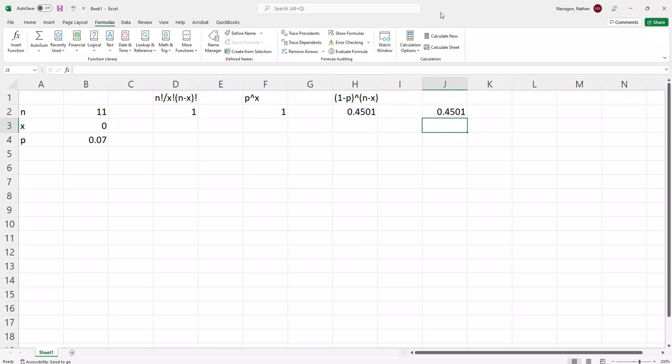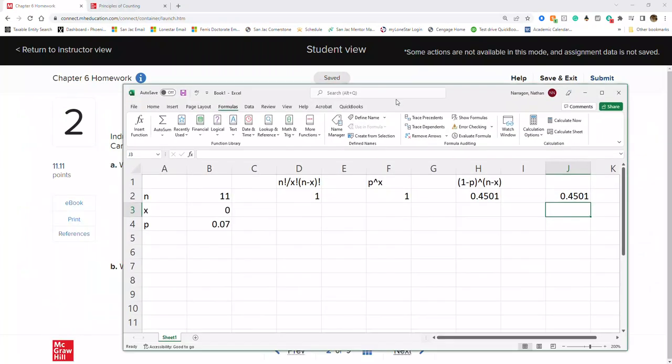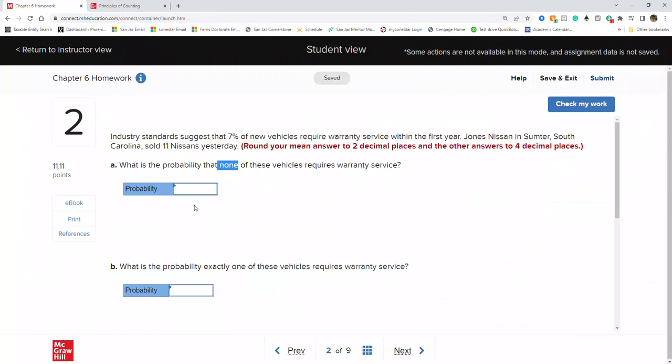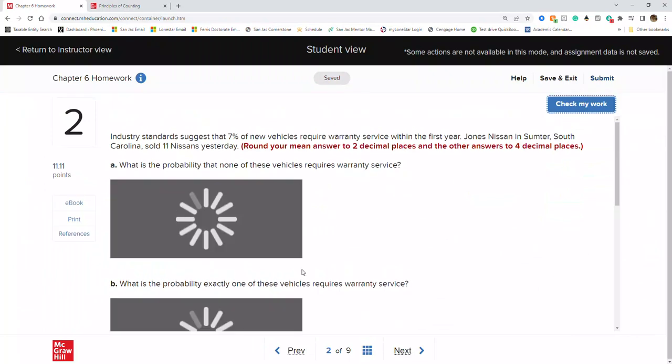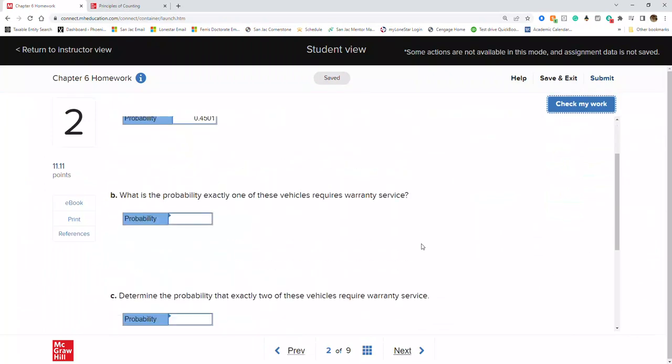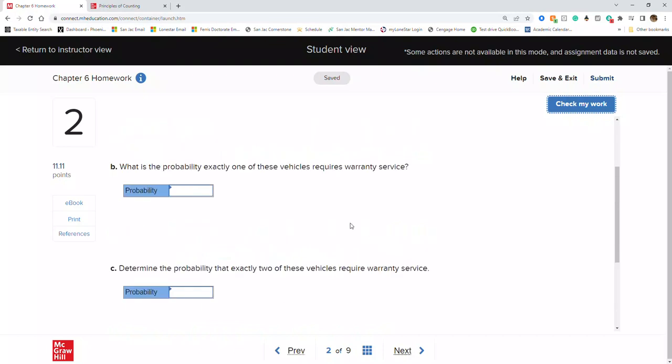So that should be our answer for 0. Check. This verifies that our formula is actually working, which it is. So this makes the next two a little bit easier to calculate.